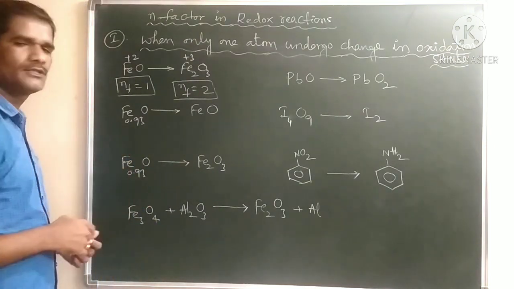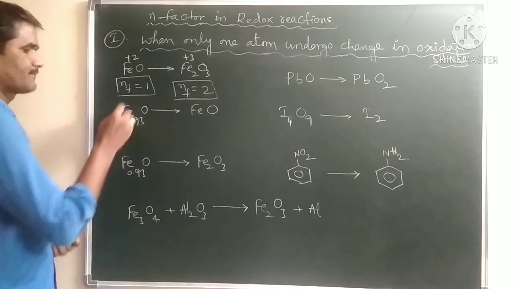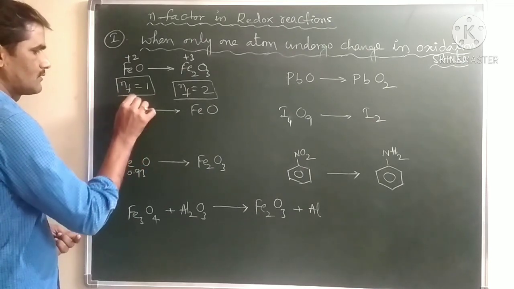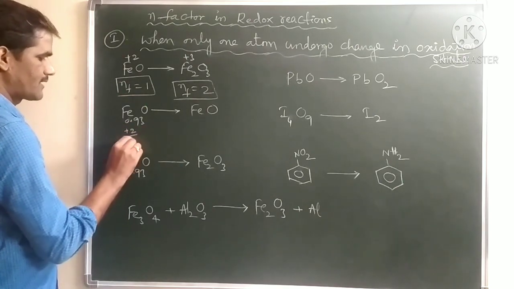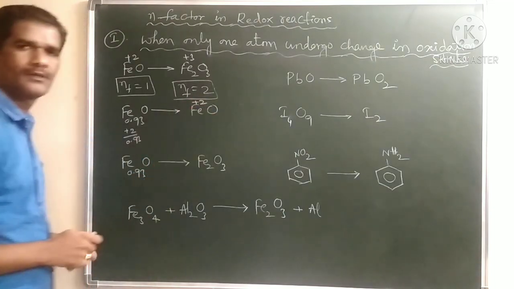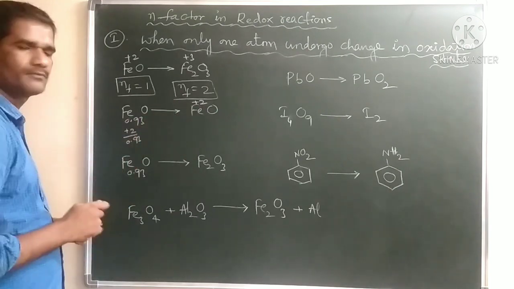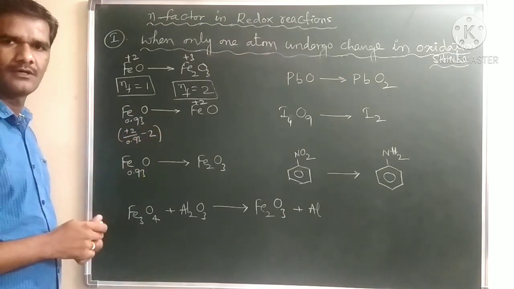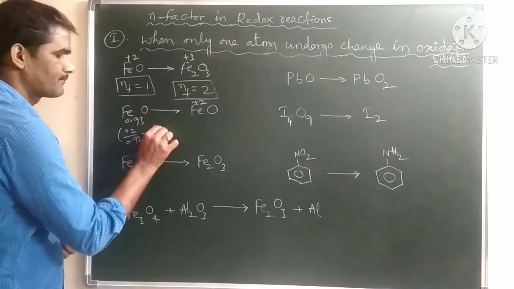Similarly, Fe0.93O to FeO. Here the iron oxidation state is 2 by 0.93, this is the change in oxidation state, and here it is plus 2. Now the N factor is the change in oxidation state, 2 by 0.93 minus 2, and the number of iron atoms here is 0.93.